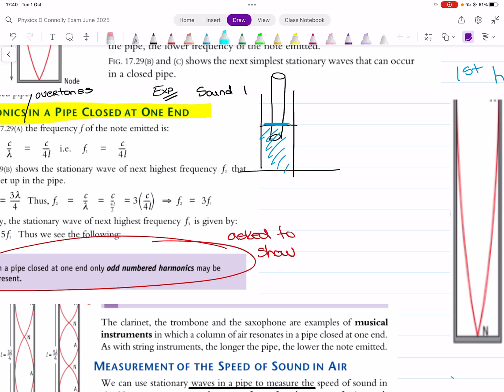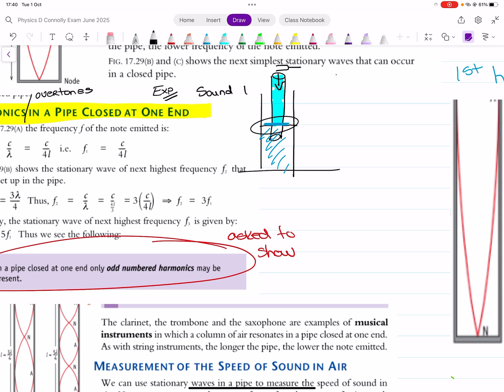So you get this column of air here. And essentially what we do is we send a sound into it. We use a tuning fork to send a sound down into the pipe. The sound goes into the pipe, travels down, hits off the closed end, reflects and travels back up the pipe.